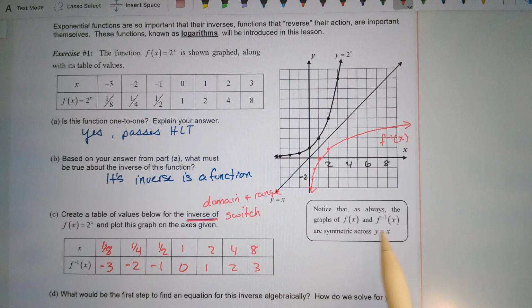Notice that, as always, the graphs of f of x and f inverse of x are symmetric across our line y equals x.